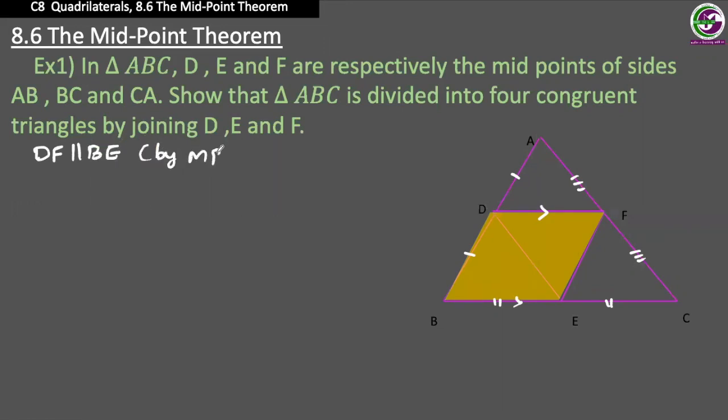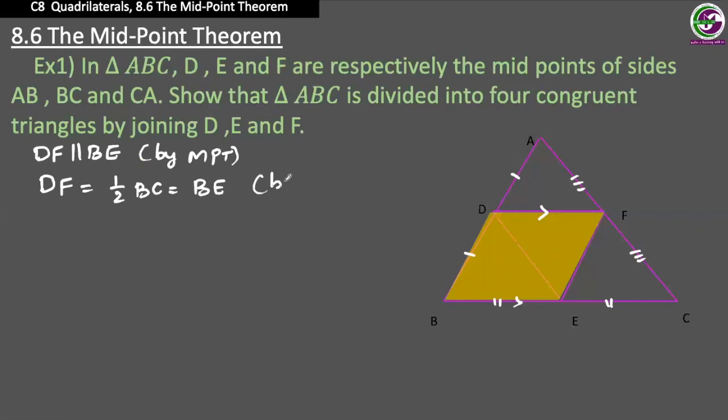What was midpoint theorem? Just a quick review. A line joining the midpoints of two sides will be parallel to the third side. So these two are parallel. And also, as an extra part of the midpoint theorem, the line joining the midpoints will be half of the third side. So we get DF is half of BC, which is equal to BE, because E is the midpoint.